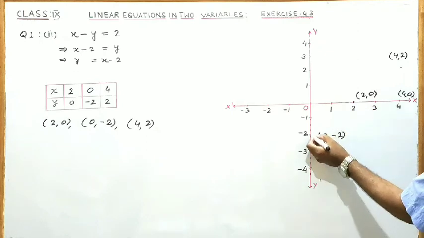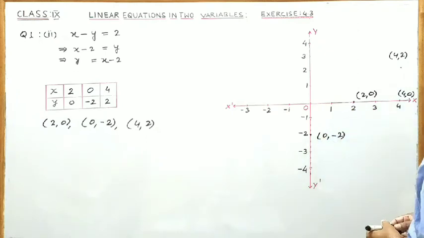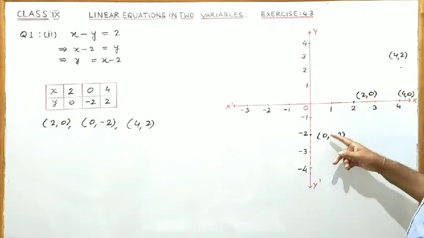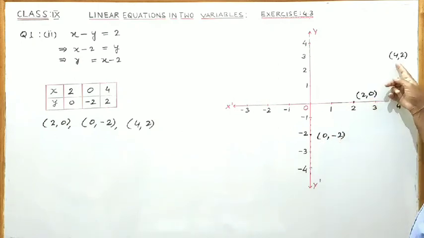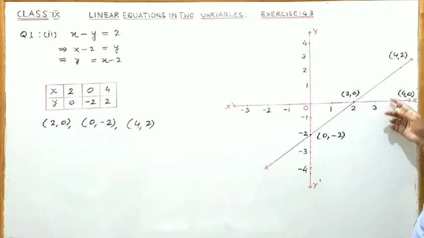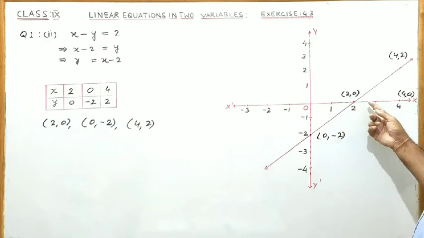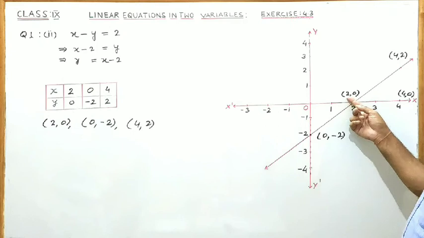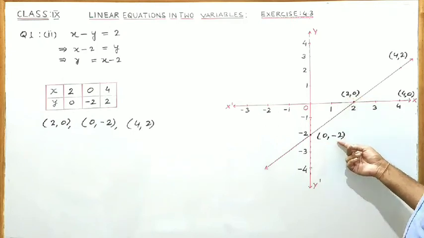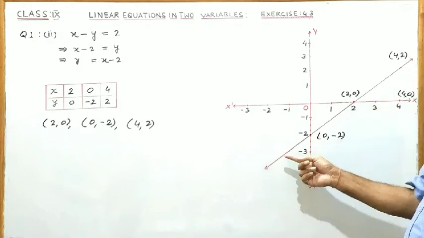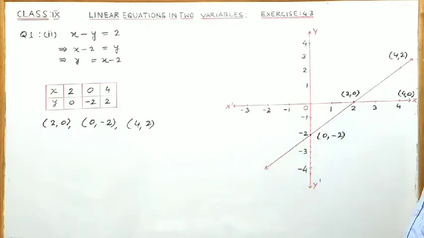Now with the help of your ruler, draw a straight line joining 3 points (2, 0), (0, minus 2) and (4, 2). So this line which is drawn through 3 points (2, 0), (0, minus 2) and (4, 2) is the graph of the linear equation x minus y equal to 2.